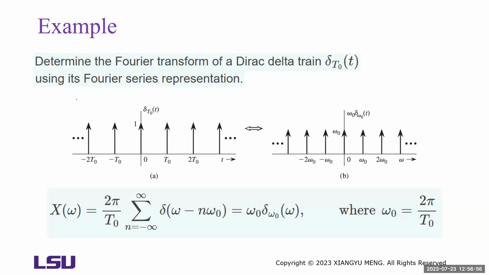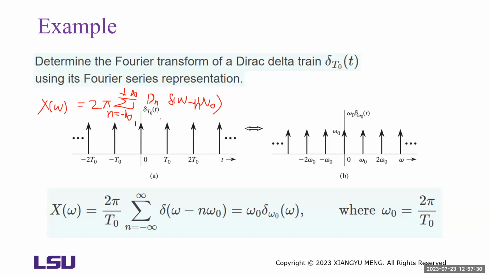As we know from the previous example, for a periodic function, X(omega) is 2 pi times the sum from negative infinity to positive infinity of Dn delta(omega minus n omega 0).